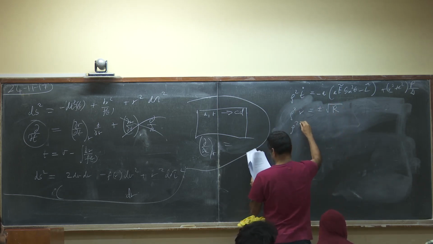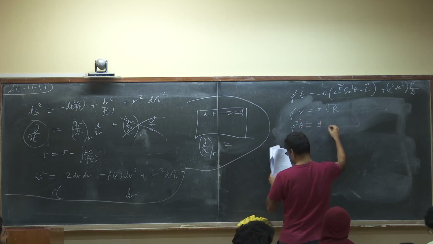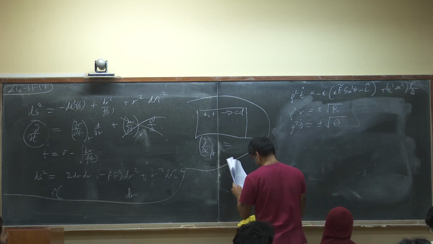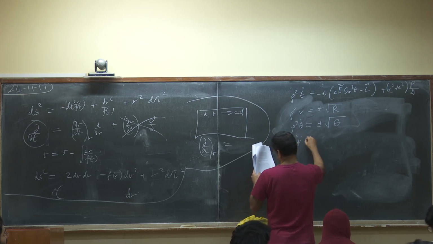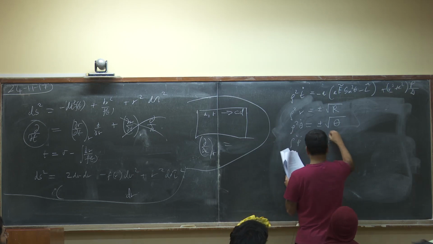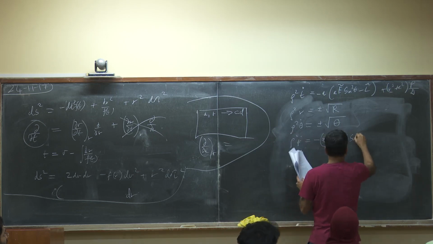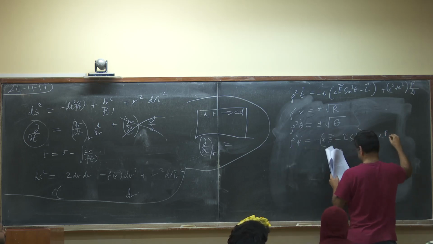Rho squared theta dot is equal to plus or minus the square root of Theta. And rho squared phi dot is equal to minus (a E tilde minus L tilde over sine squared theta) plus a P by delta.